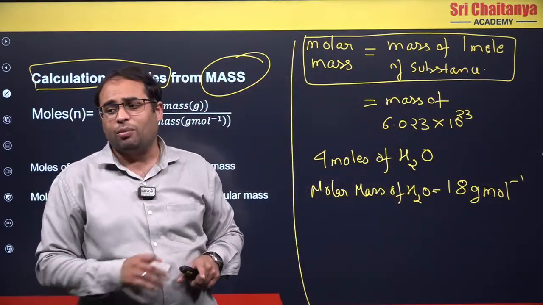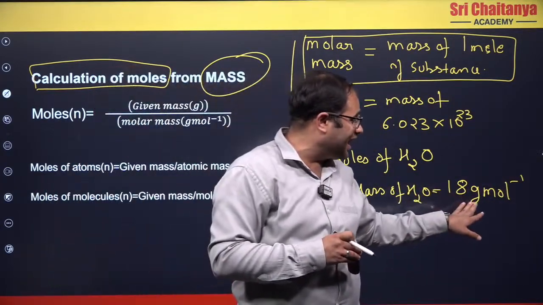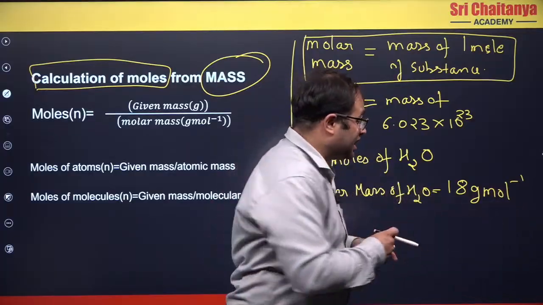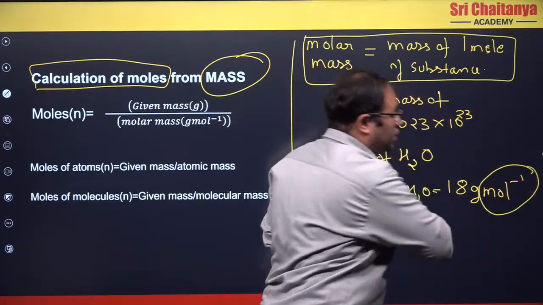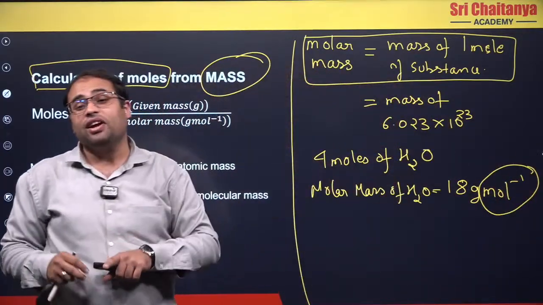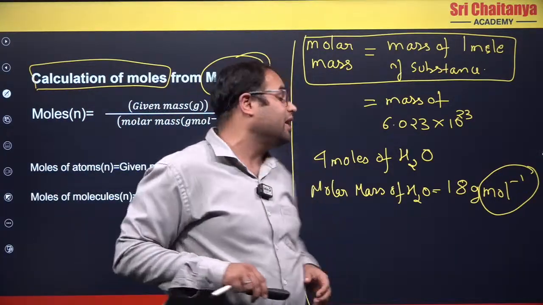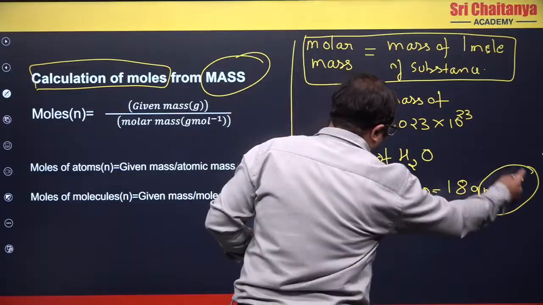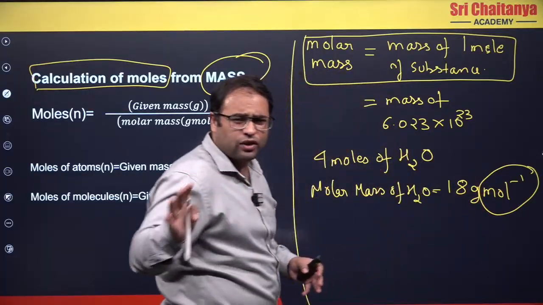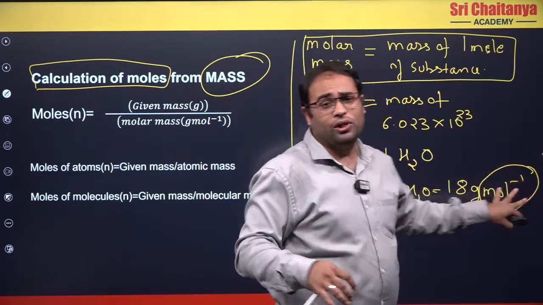Remember, the unit of molar mass is supposed to be grams per mole. This per mole is important. If you do not have it, you will get to know in future what problems you will encounter, right? So any molar mass for that matter, you need per mole there, right?